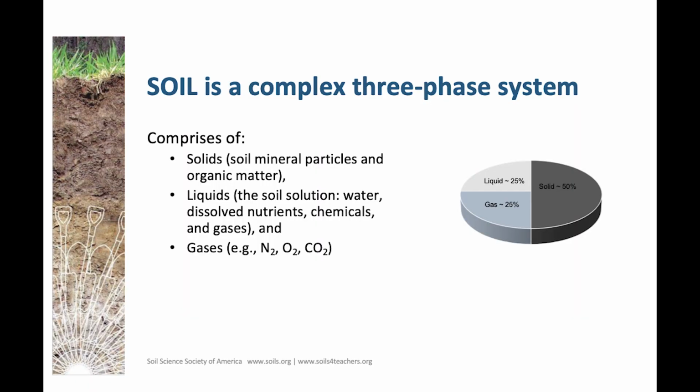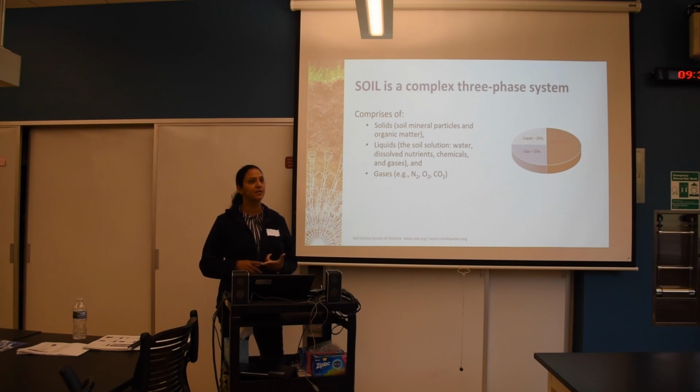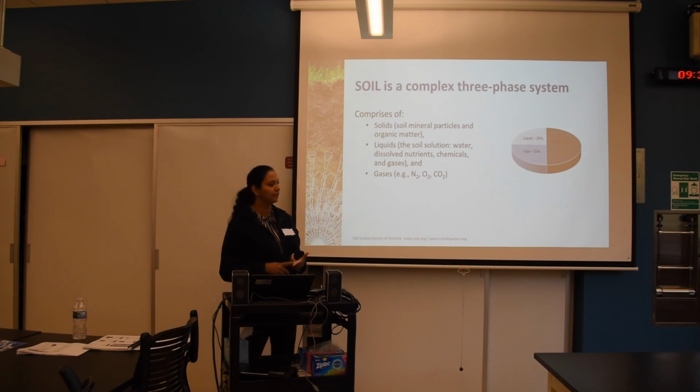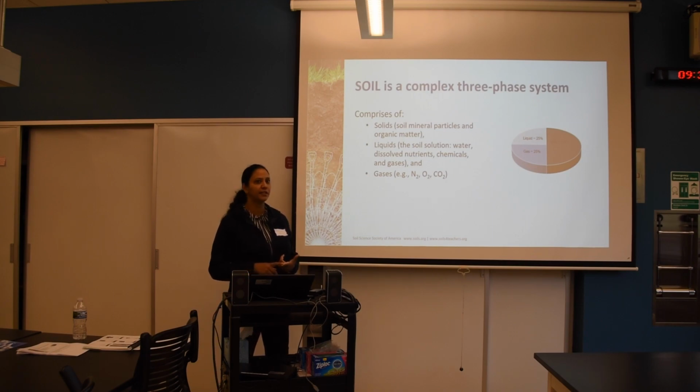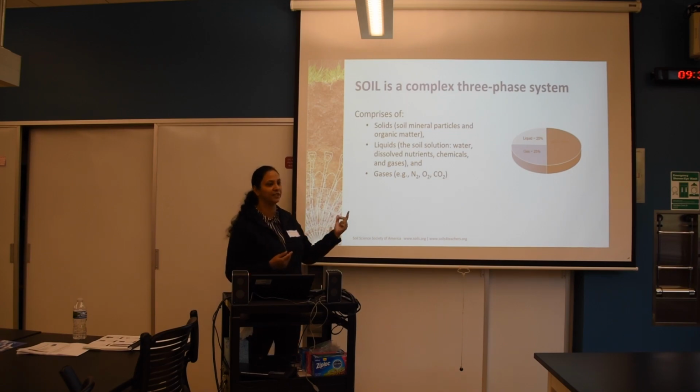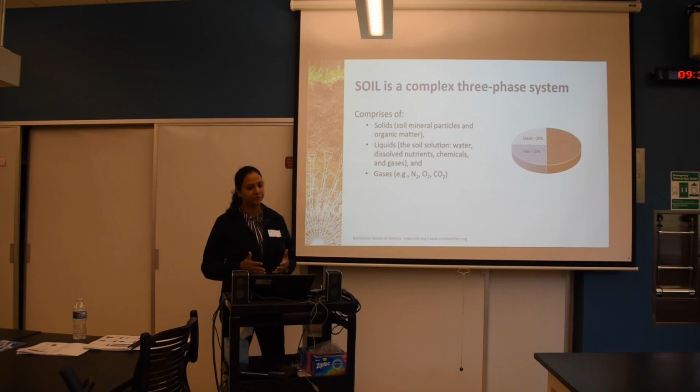The other thing about defining soils is that the composition comprises three phases: solid, liquid, and gases. Solid is the minerals and the organic matter, and then we have the liquids, like the soil solution, water where the nutrients are dissolved, and then we have the gases. So the composition varies.